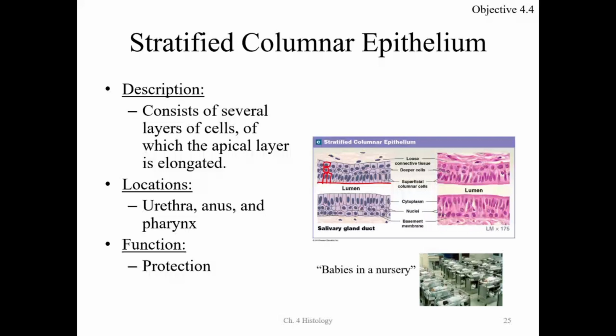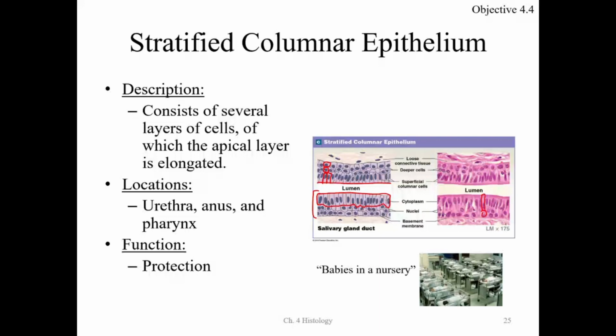So we have multiple layers, and the apical layer, the cells near the free surface, are elongated. And notice these are elongated, and there's more than one layer.